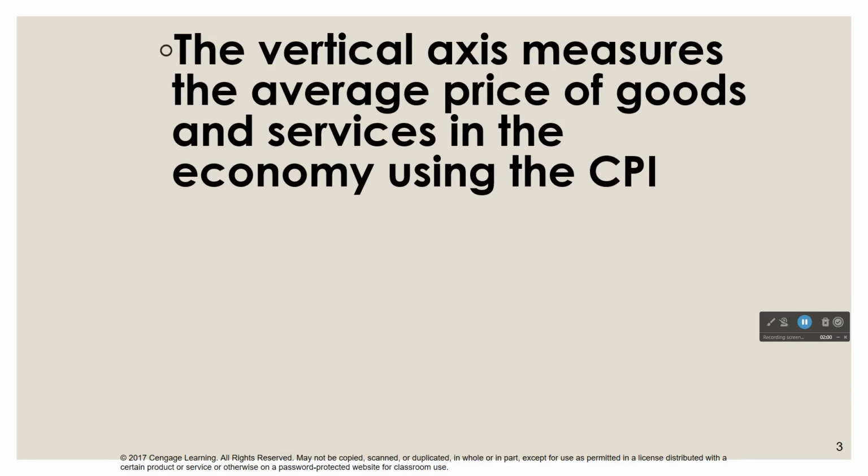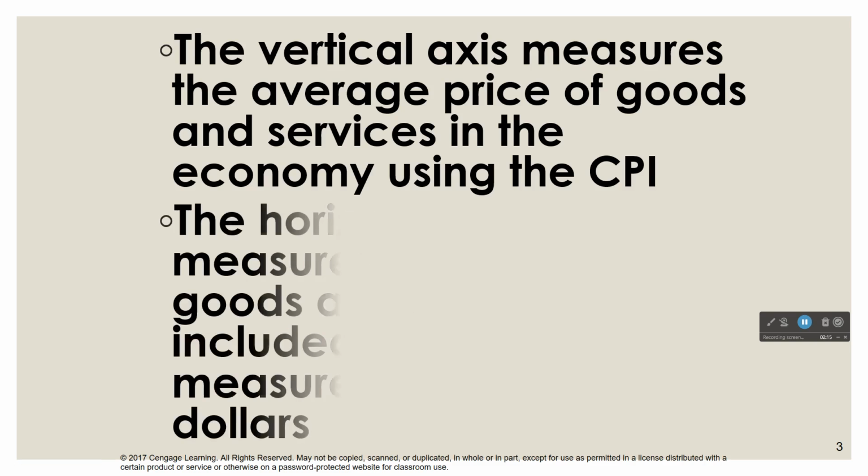Now, when we graph this on the vertical or y-axis, we have the average price of goods and services in the economy, and in this case they're using the CPI, the Consumer Price Index, from chapter 17, I believe.